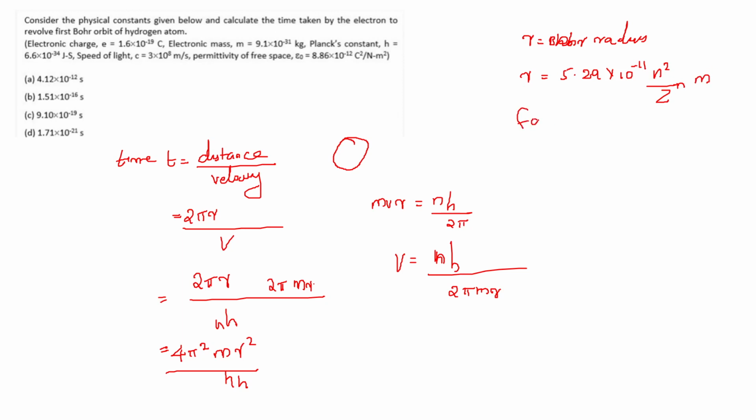Our question is for the hydrogen atom, so n will be 1 and Z will be 1. So r will be 5.29 into 10 to the power minus 11 meter. Now we have to substitute all those values in the time equation. Then we will get the answer. So please substitute it and let me know. Then we will discuss the answer here.